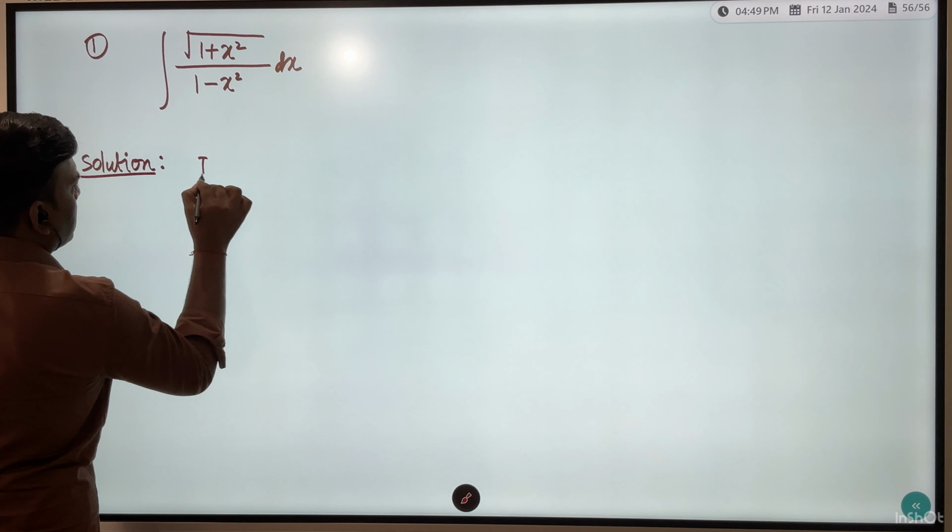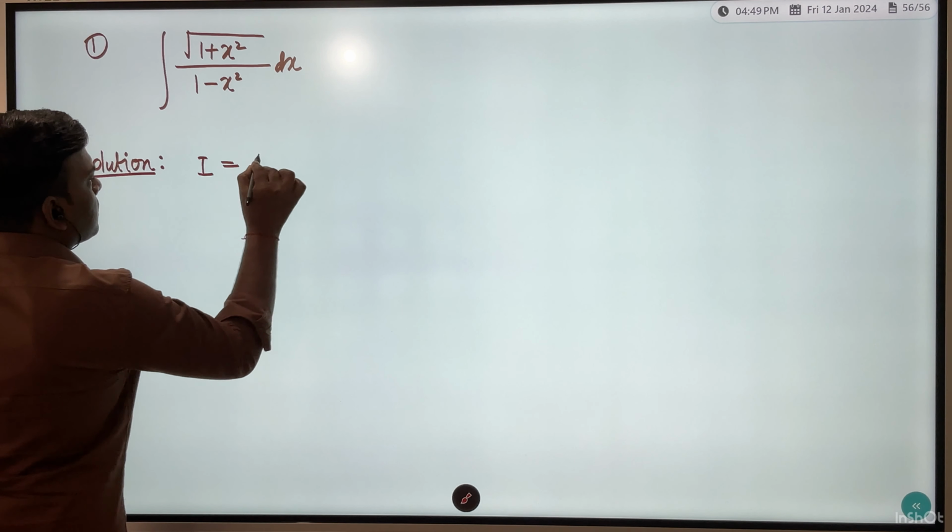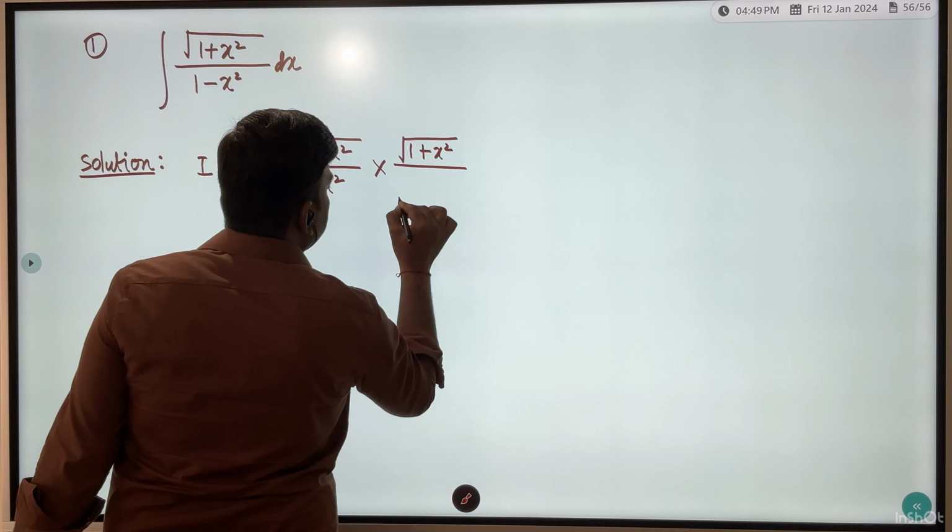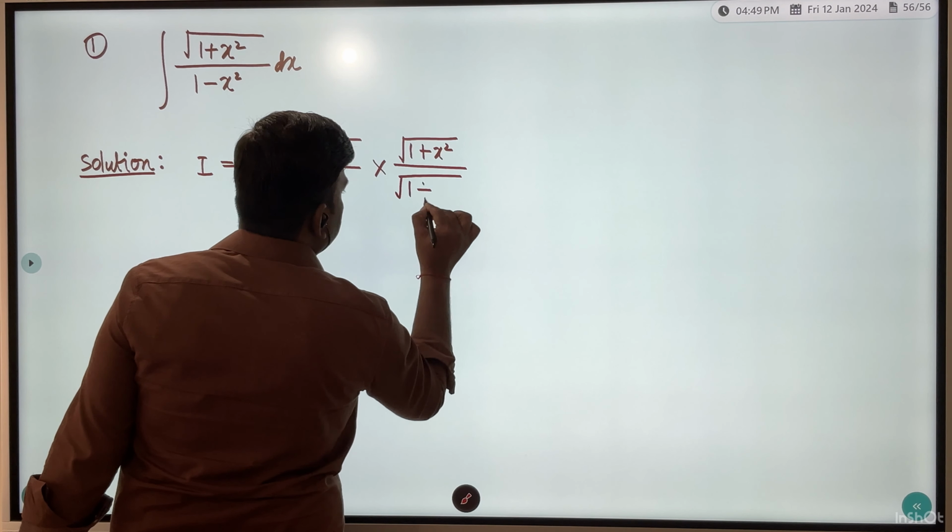So let's start with the solution. The given integration can be written as integral of square root of 1 plus x square divided by 1 minus x square, into square root of 1 plus x square divided by square root of 1 plus x square.